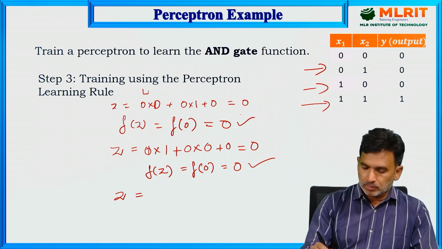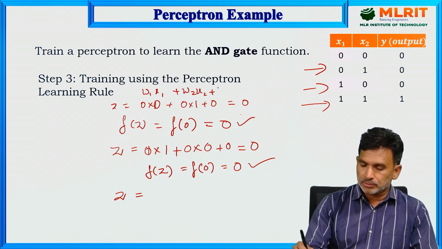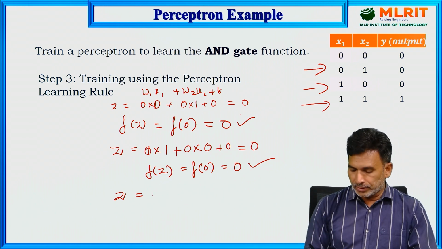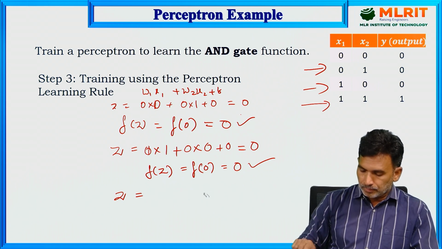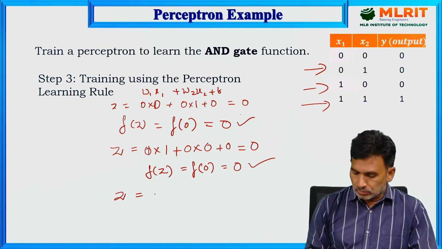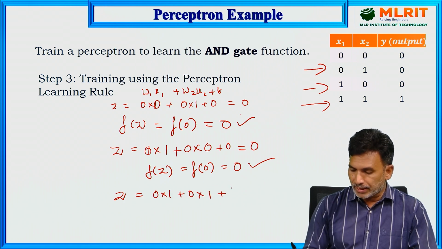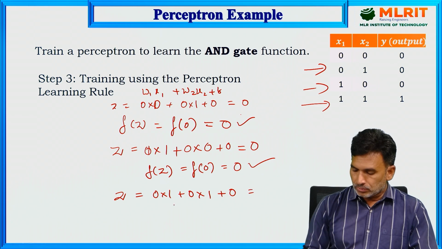w1 x1 plus w2 x2 plus bias. So w1 x1, that is 0 times 1 plus 0 times 1, these are all zeros, plus bias is equal to 0, so then it becomes 0.